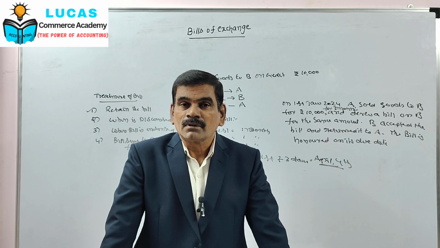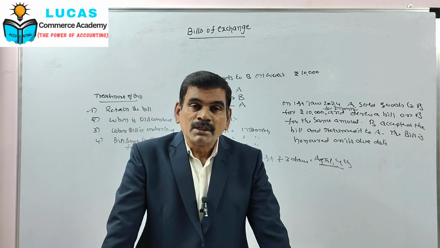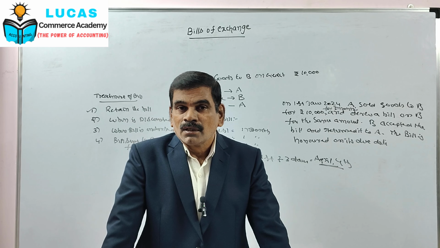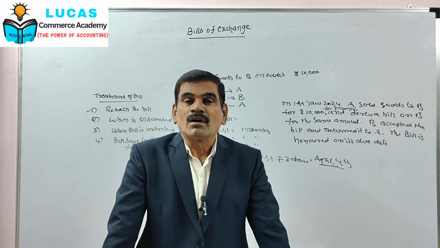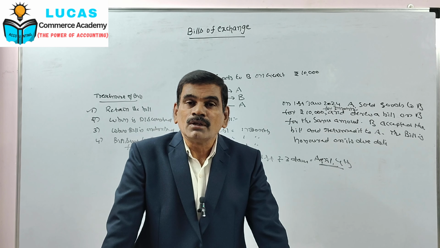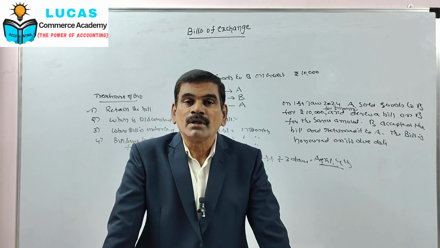He is acceptor or debtor or purchaser. Payee means the person who receives the amount on the bill. Sometimes drawer is the payee, sometimes not. If A directs B to pay the amount to C, in that case C is the payee.